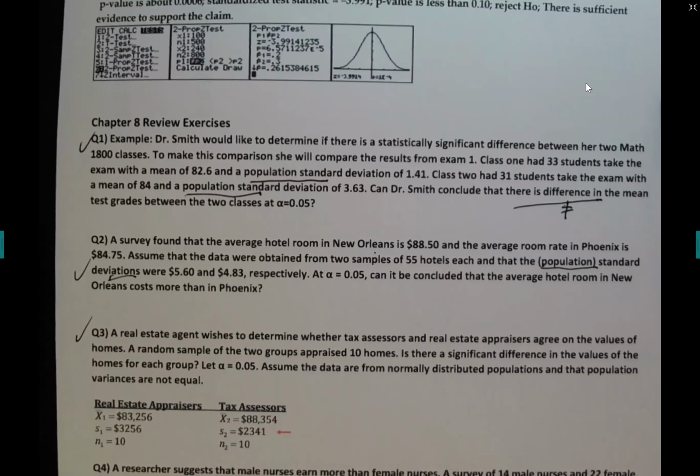A random sample of the two groups appraised 10 homes. Is there a significant difference in the values of homes for each group? Let alpha equal 0.05. Assume that the data are from normally distributed populations and population variances are not equal.